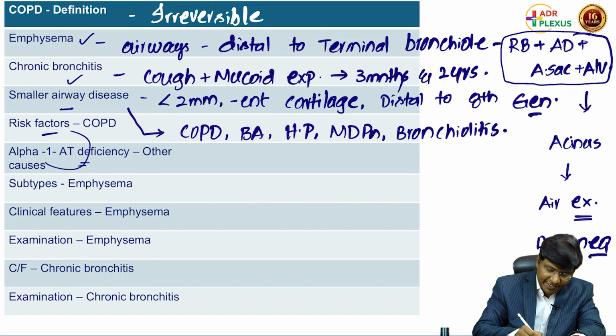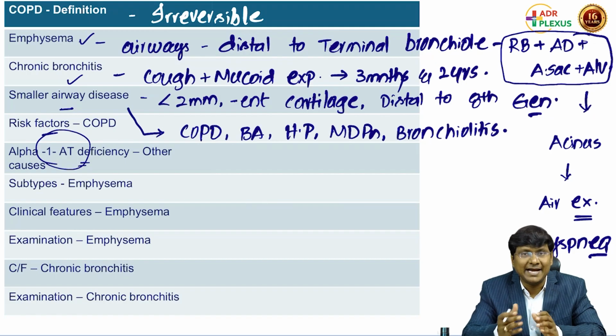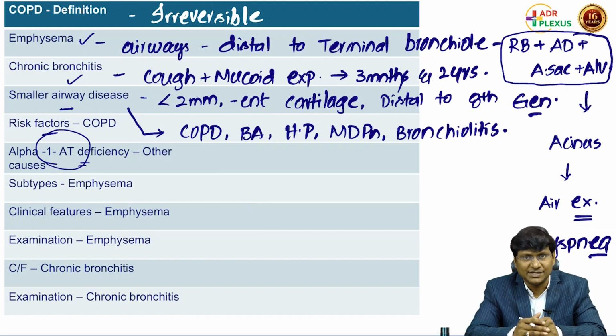And this alpha-1 antitrypsin deficiency will lead to the development of the emphysema. Why? Because the alpha-1 antitrypsin has an anti-protease activity. Proteases are the inflammatory enzymes or inflammatory substances which are released from the inflammatory cells, and they cause the destruction of the acinus.